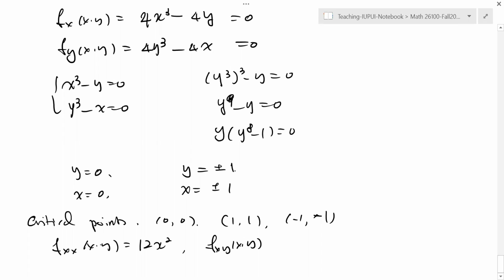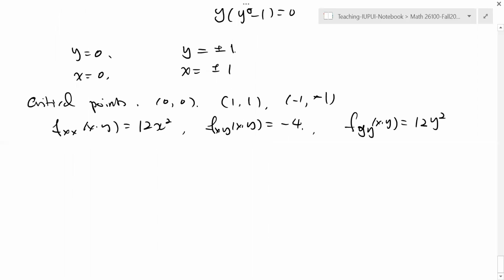Fxy, I'm going to differentiate to negative 4. Fyy is going to be 12y squared. So let's evaluate each of them. Let's just look at the matrix.